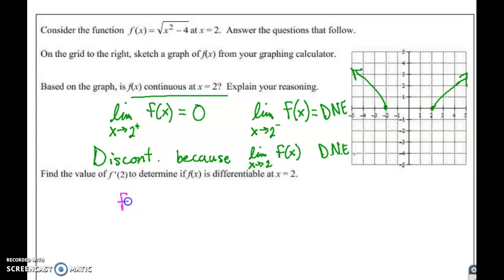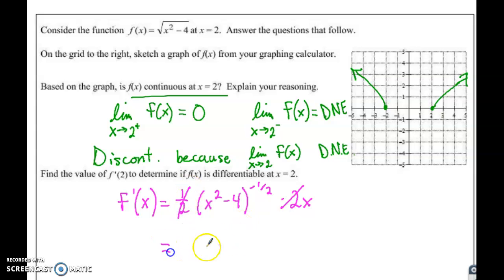Following our chain rule, you would bring the 1/2 in front. X squared minus 4 is now to the -1/2 power, times the derivative of the inside, which is 2x. That'll cancel out the 1/2 and the 2. So we're looking at x over the square root of x squared minus 4.